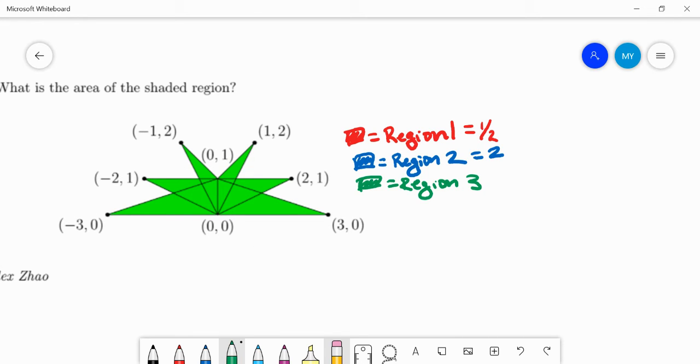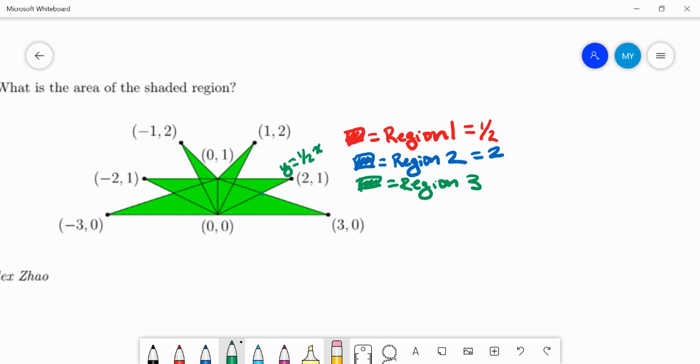Well, this intersection point is the point of intersection between the line connecting 0, 0 and 2, 1 with the line connecting 0, 1 and 3, 0. And we can find the equations of these lines. So the equation of this line here is going to be y equals 1/2 x.